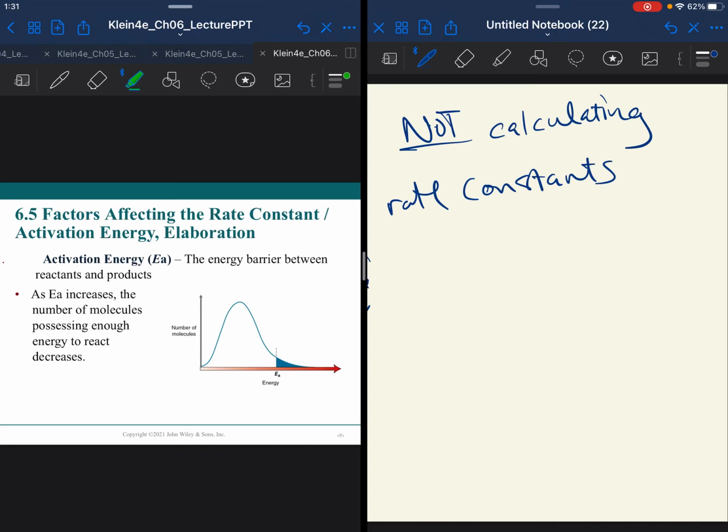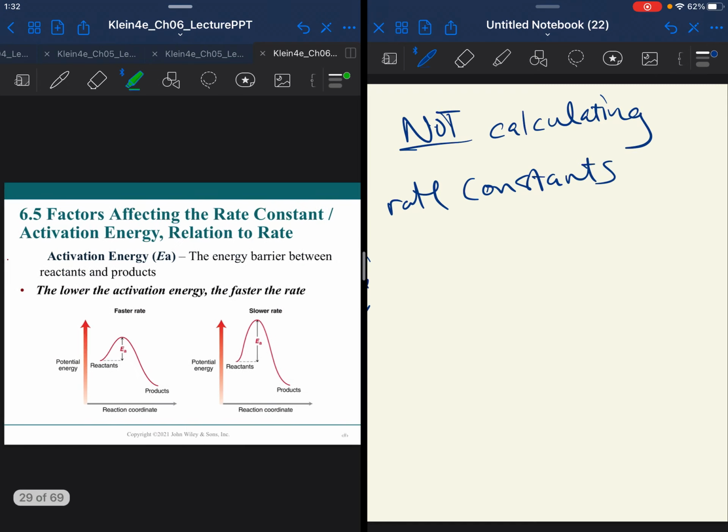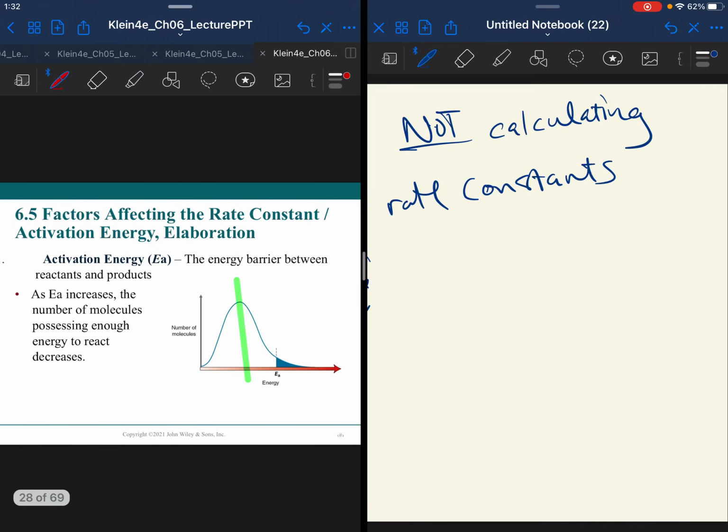This is a Maxwell distribution. You maybe have seen this in general chemistry. You know that temperature is an average of the kinetic energy. So you have molecules that are lower energy and molecules that are higher energy, but then you have an average kinetic energy. And when you raise the temperature, what you're really doing is just moving this.